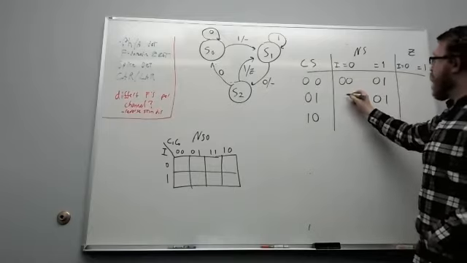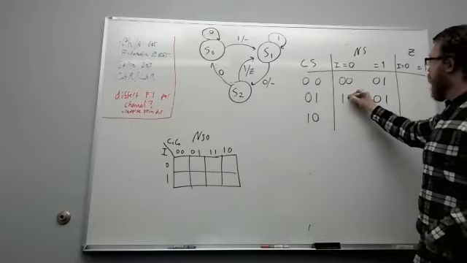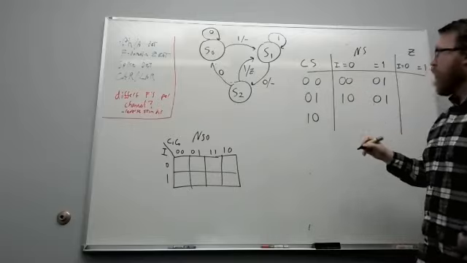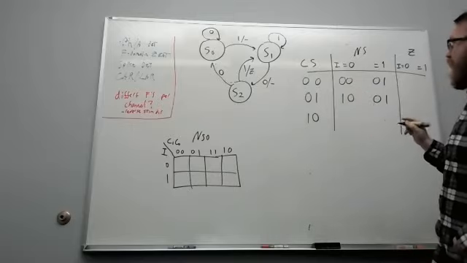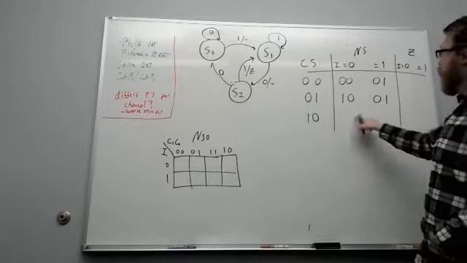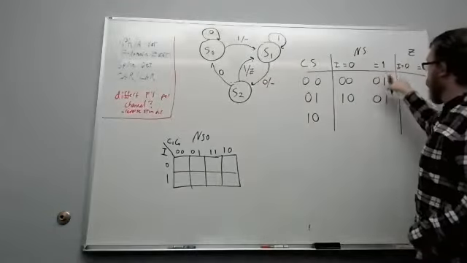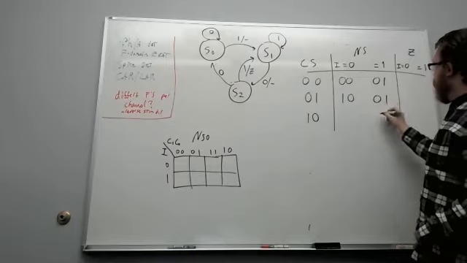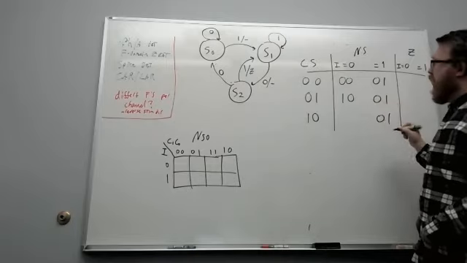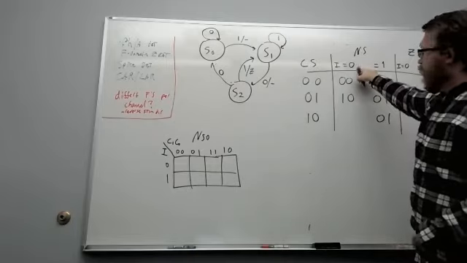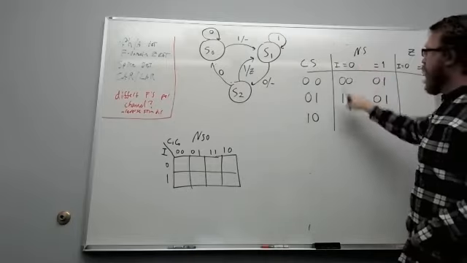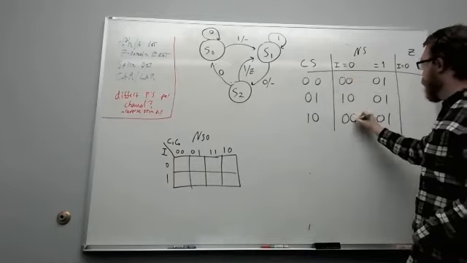And if I get a 0, I go to the next one. Once I'm in state 2, if I get a 1, I go backwards, right? I go back to state 1. And if I get a 0, then I want to jump to state 0.